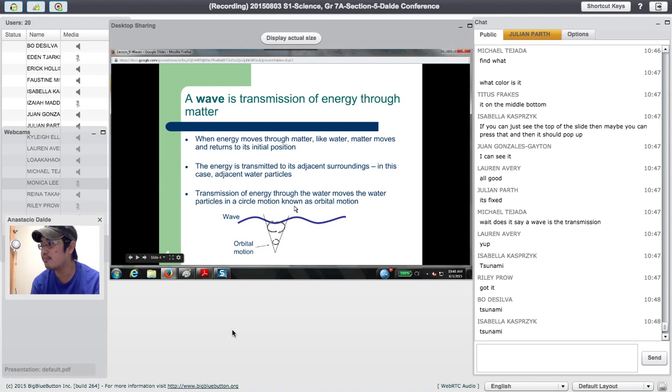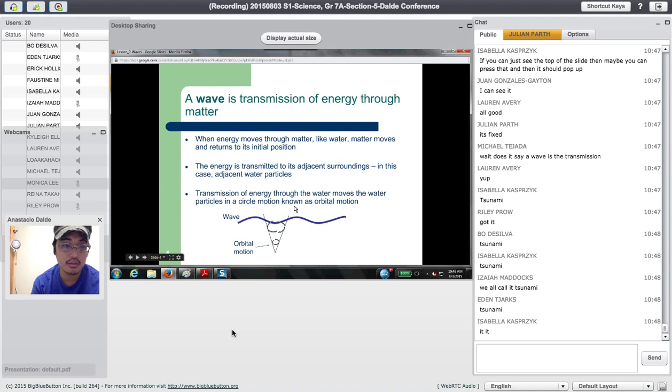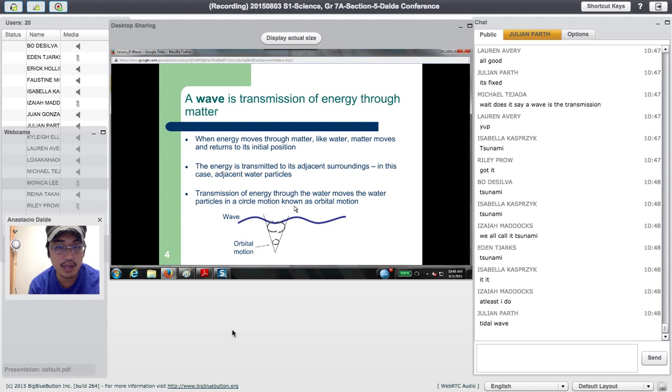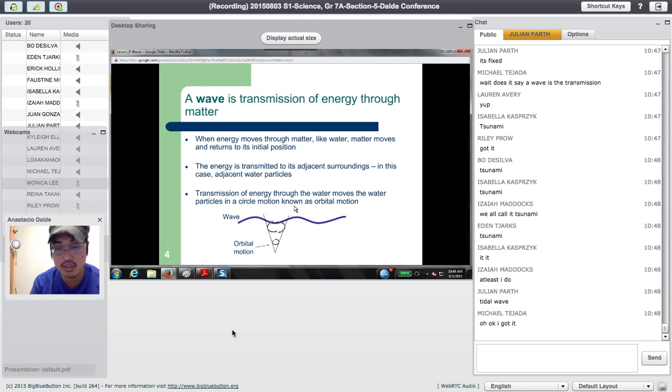When energy moves through matter, like water, and they use the word matter, but I'm using the word medium. So that's the same thing. The words matter and medium are the same. When energy moves through matter, like water, matter moves and returns to its initial position.